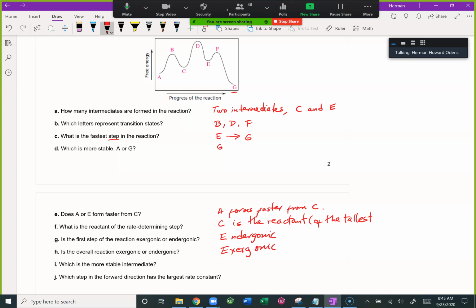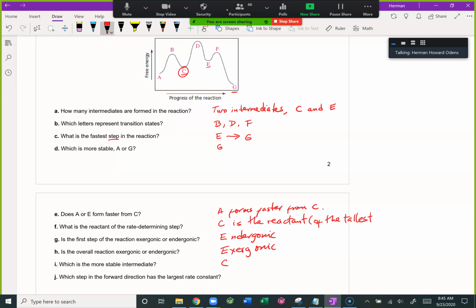All right. Which is the more stable intermediate? C. C has the lowest free energy, delta G. Between those two intermediates, C is the lowest.